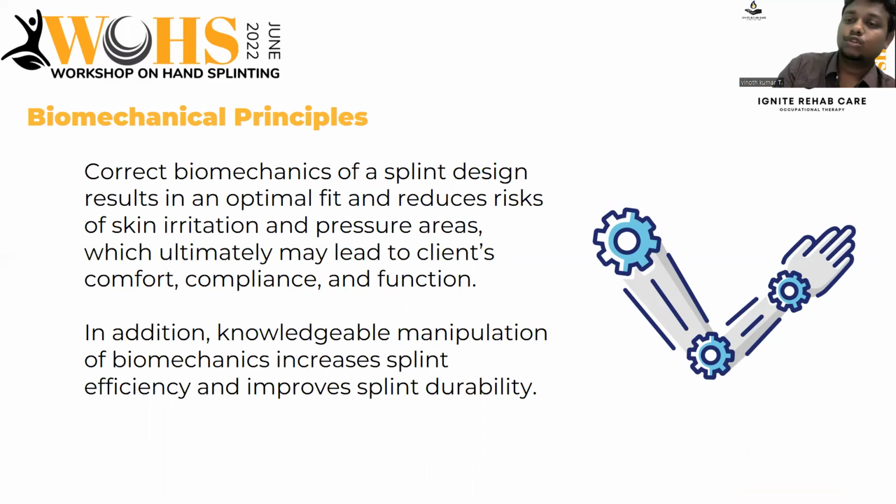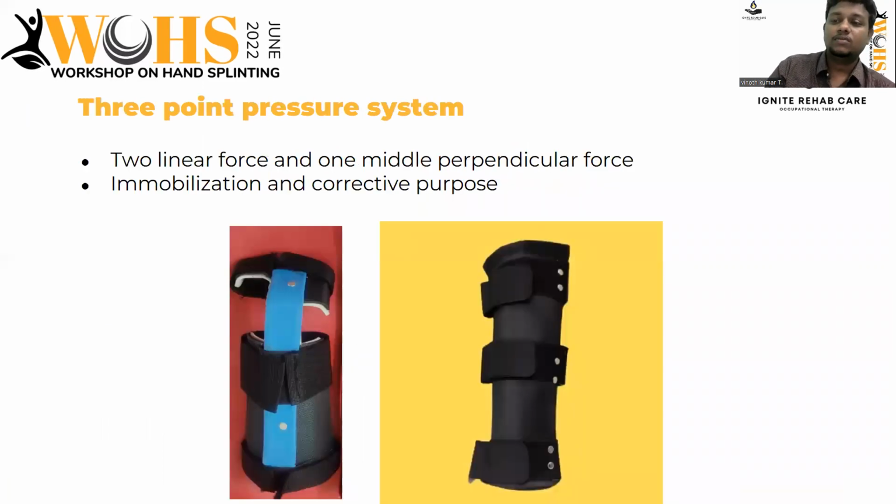The biomechanical principle that you should consider while making splints is the 3-point pressure system. As I told, the 3-point pressure system means there will be 2 linear or parallel forces over the proximal and distal ends of the splint, and 1 perpendicular force from the strap on the opposite side. These forces are important when you're planning an immobilization or corrective splint.